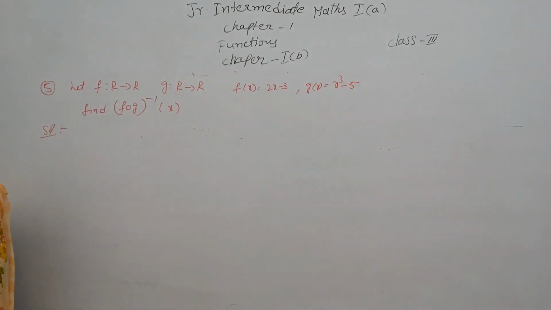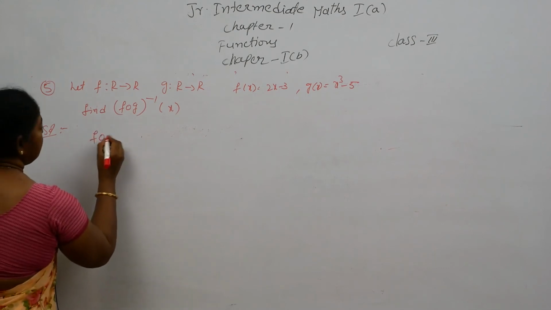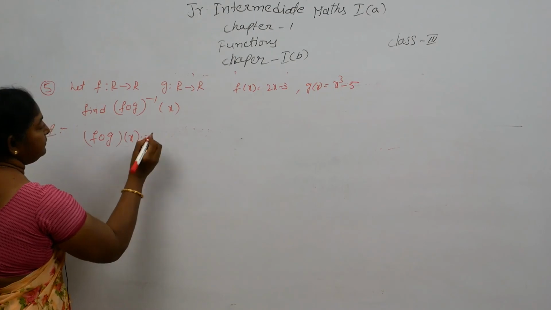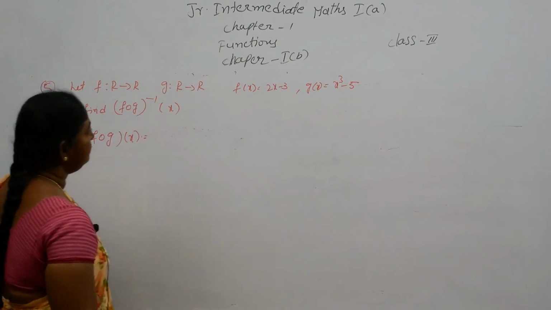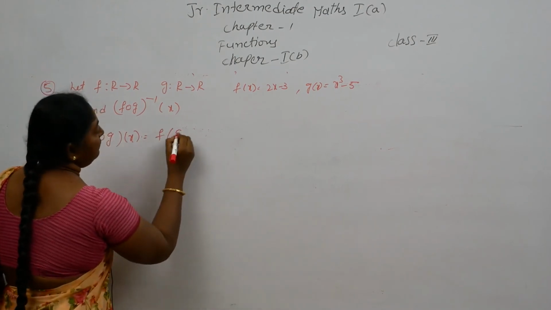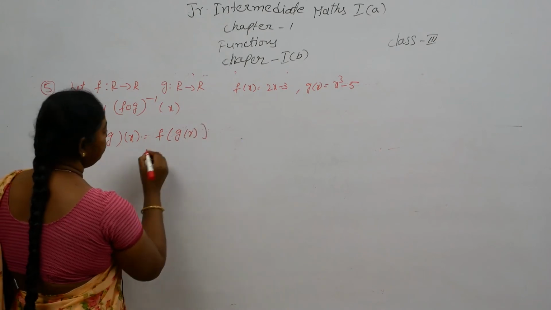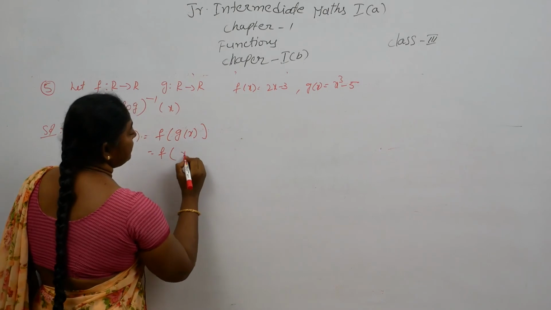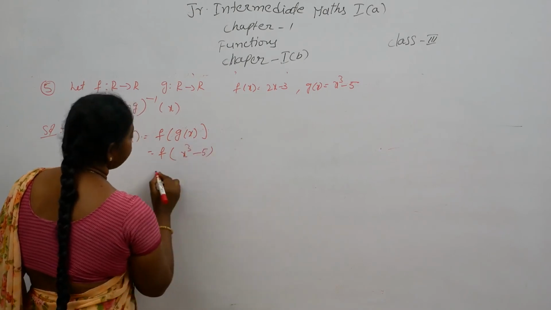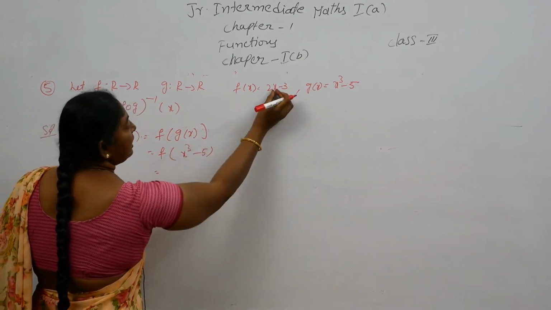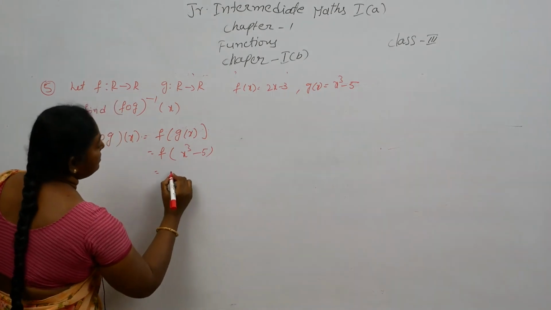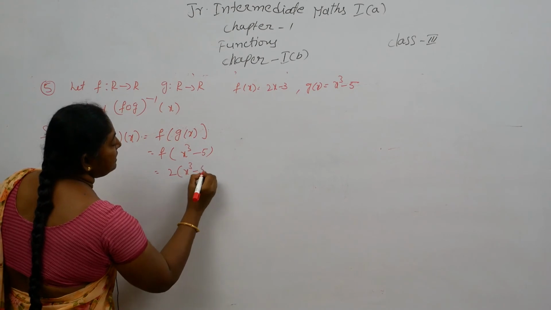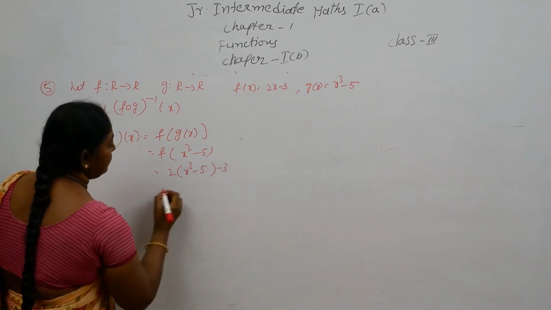So first we have to find f of g of x. The g of x value is x cube minus 5, and we substitute this value in place of x in f. So 2 into x cube minus 5, minus 3.